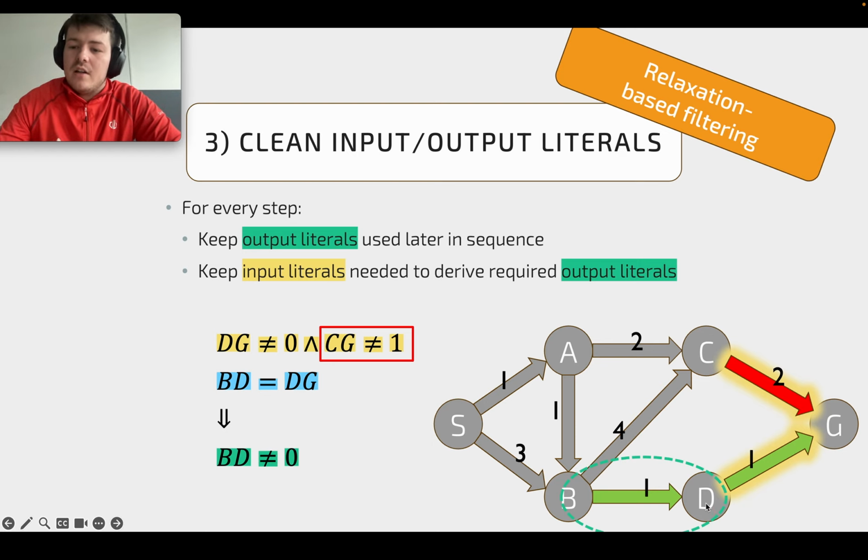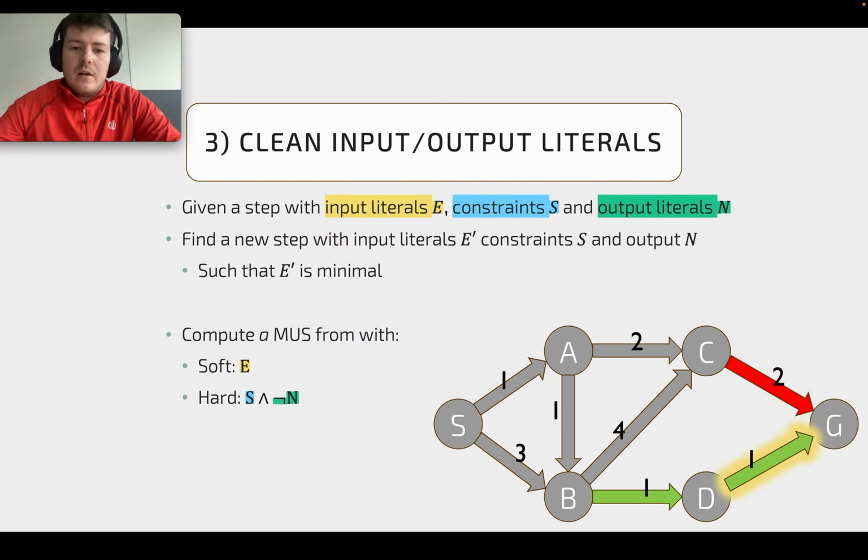We only need this one. So in this case, we will remove C to G not equal to 1 from our step. And this can be done by computing a MUS at a sublevel, but it would take a bit too much time, I think, to go into detail on how exactly we do this.